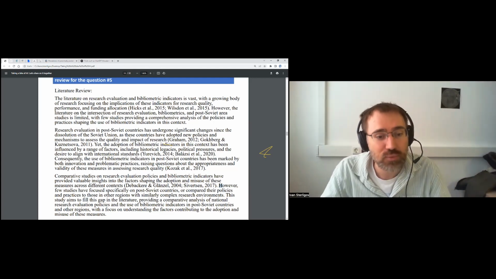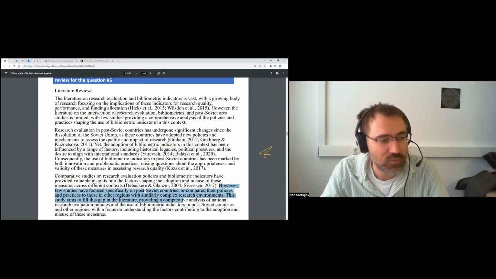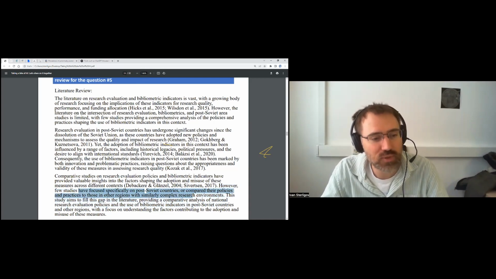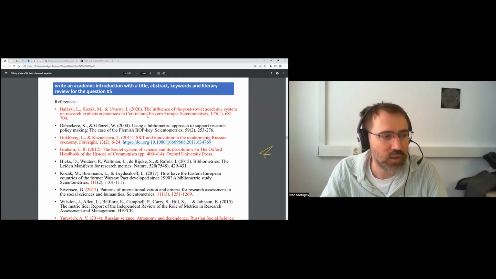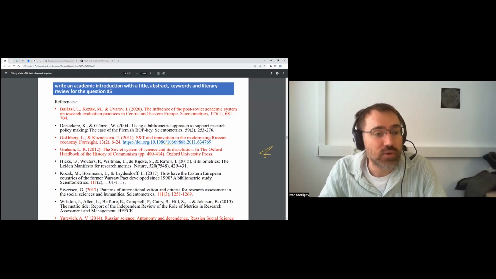This literature review concludes with the statement that few studies have focused specifically on post-Soviet countries, so that's a rather typical academic introduction.